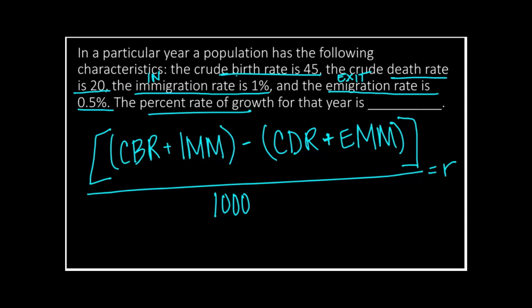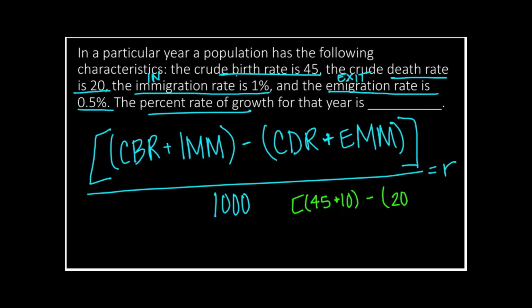Okay, so let's do this math a little bit. So I'm going to write that a little smaller. So we'll do our crude birth rate was 45. Our immigration rate is 1, and it's 1%, so that's going to be a 10. And then our death rate is 20.